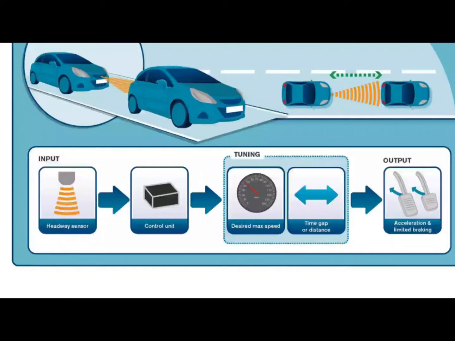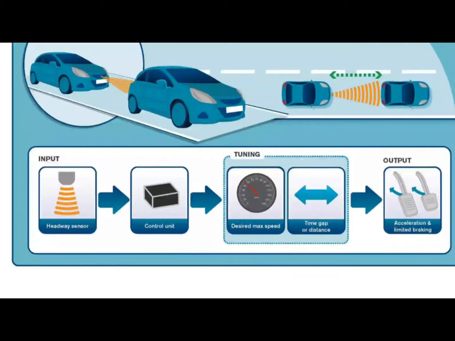So this is the difference between our vehicle and the leading vehicle. The camera or radar system gives out the waves, and the distance between them is measured with the help of the control unit. After knowing the distance, the time gap of distance and desired maximum speed are sensed, and the output is acceleration and limited braking.